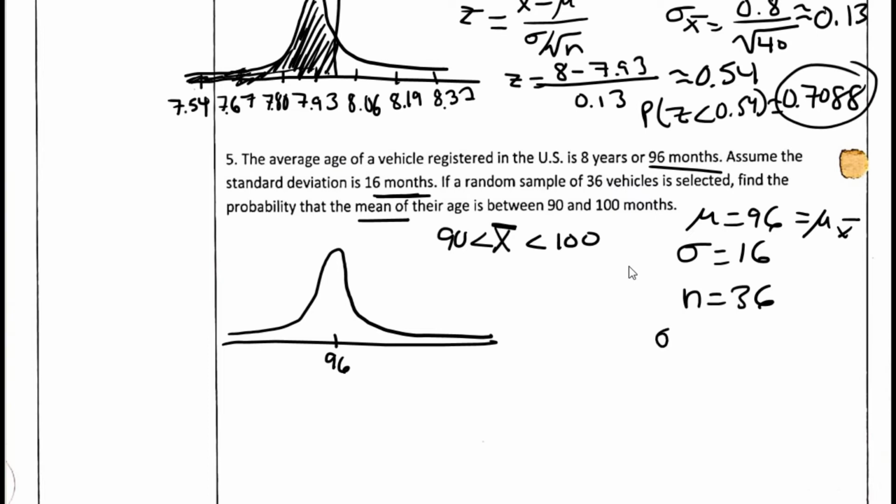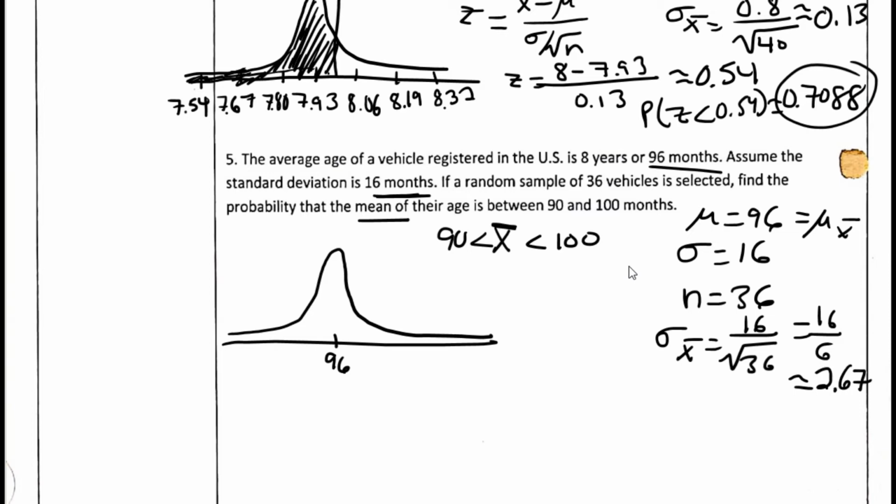This we need to calculate. So sigma x bar is 16 divided by square root of 36. So 16 over 4, or I'm sorry, 16 over 6. Square root of 36 is 6. All right, so let's do that on the calculator real quick. You get 2.67.